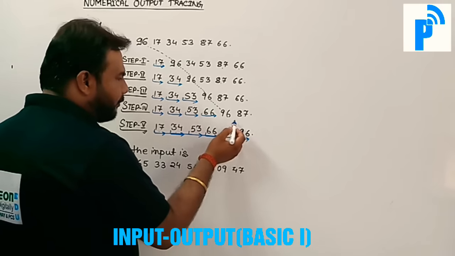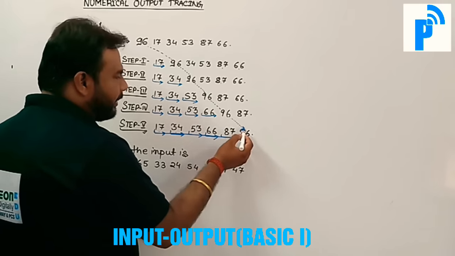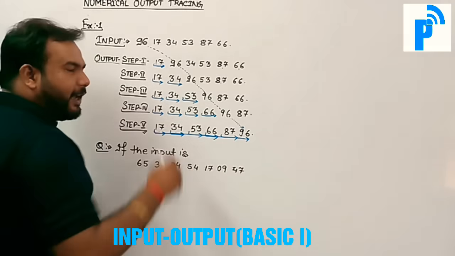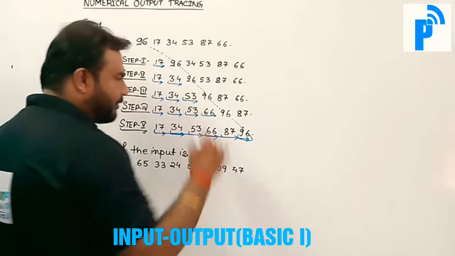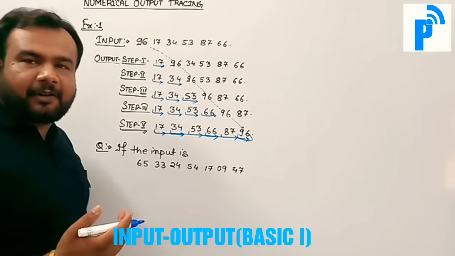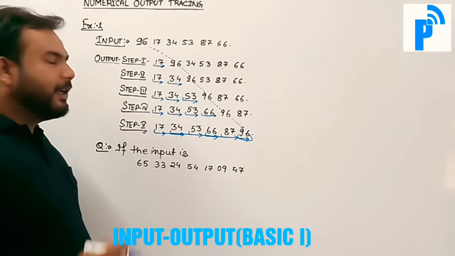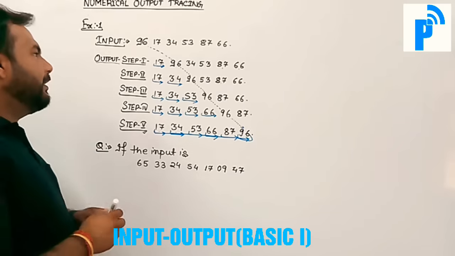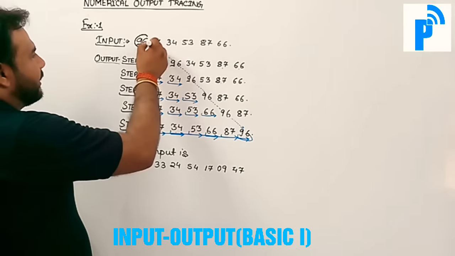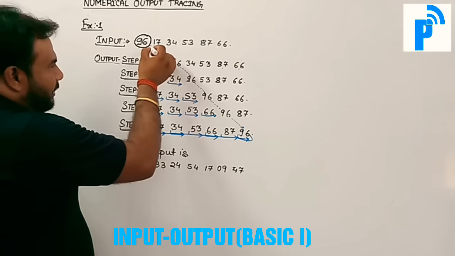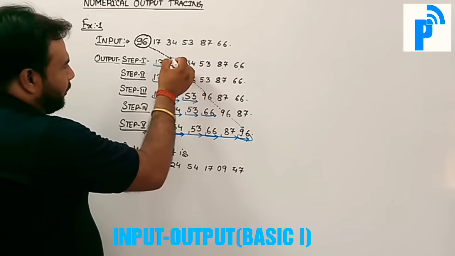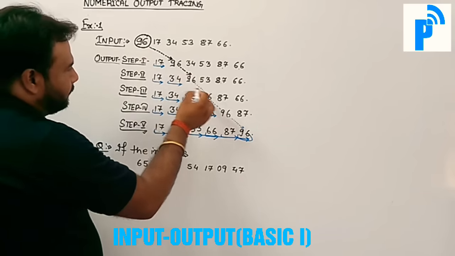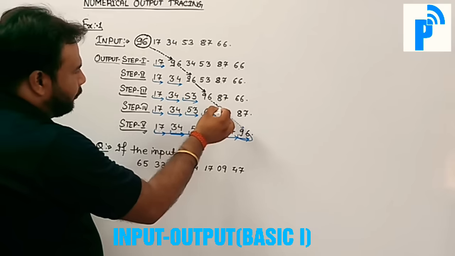And as soon as we bring 87, the greatest number, 96, comes at the end, and it arranges itself automatically. Now we do not need to arrange it further. Now, in this question, the hidden trick is that the senior most number, 96, comes diagonally from beginning to end. Yes or no? Look over it.